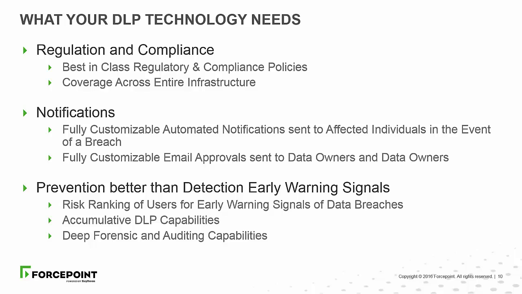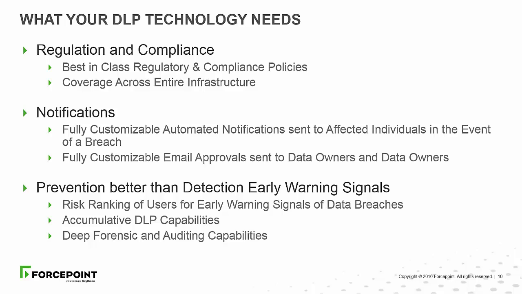Cumulative DLP is a really interesting topic because we want our businesses to be as dynamic as possible, and low threshold extractions of information might raise early warning signs, but we accept the risk that that's happening. We don't want to put in place blocks because in some instances it is important to send information around. So cumulative DLP capabilities are very critical.